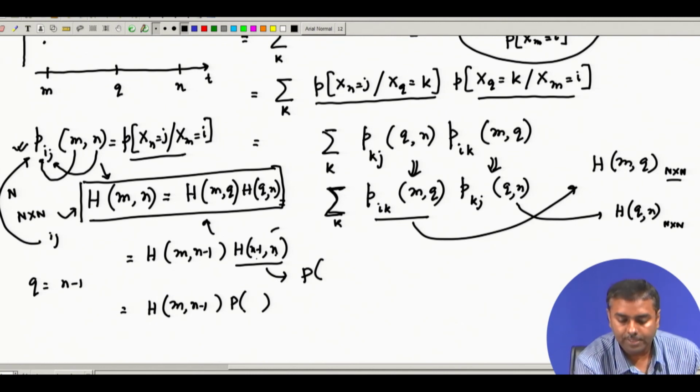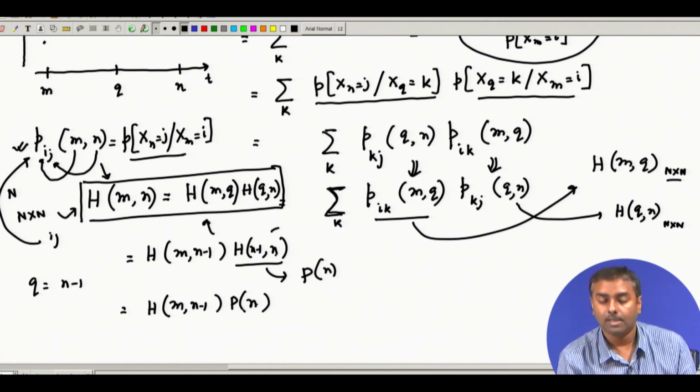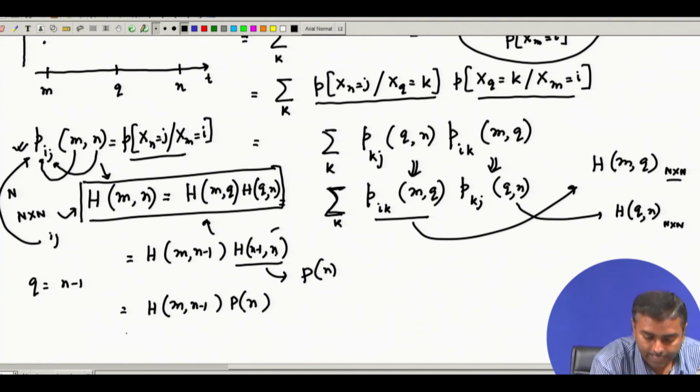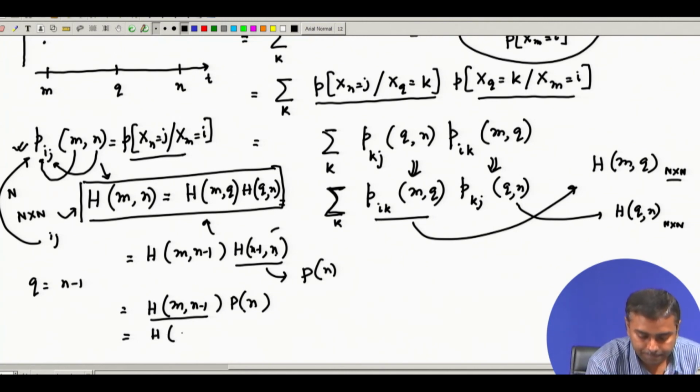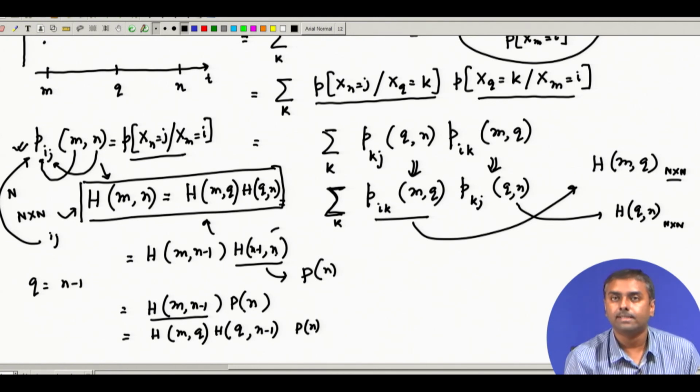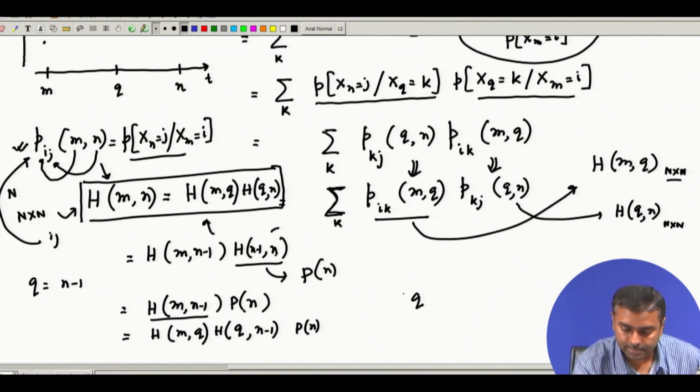So, now if you designate this to be P n, then you can also write this to be P n minus 1. So, if I designate it as P n, this will be the definition. Again this I can open up. So, again this can be written as h sum m q and h q n minus 1 P n, because any matrix I can subdivide into some intermediate stage, where again this q is between m and n minus 1.